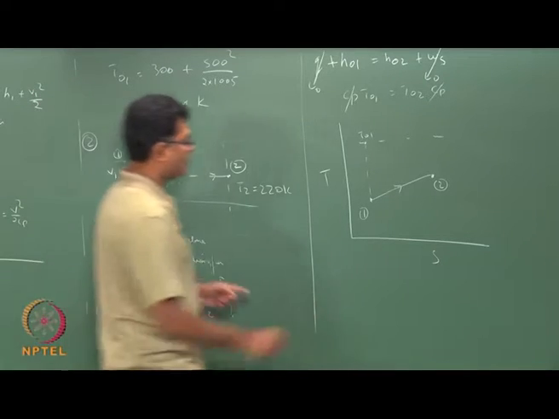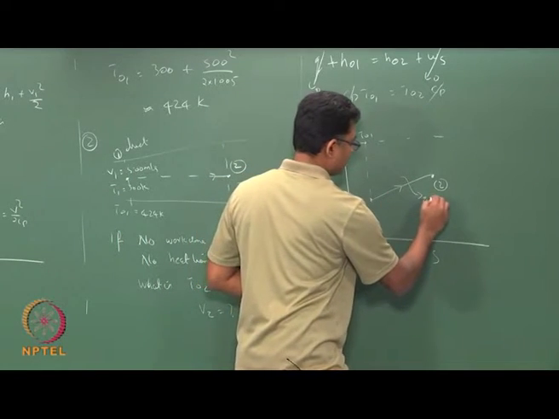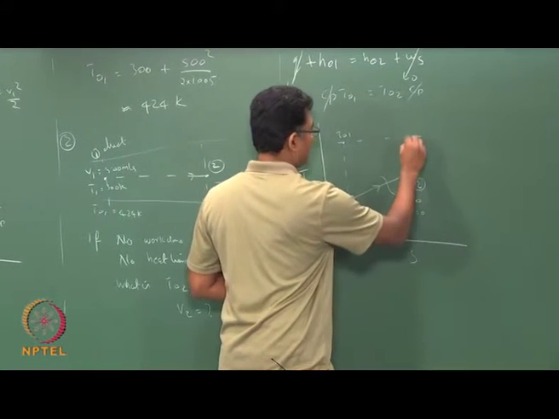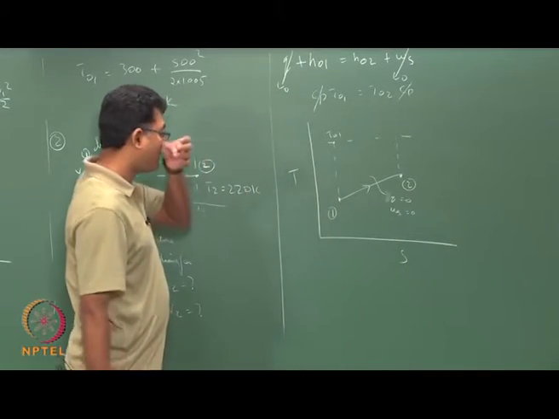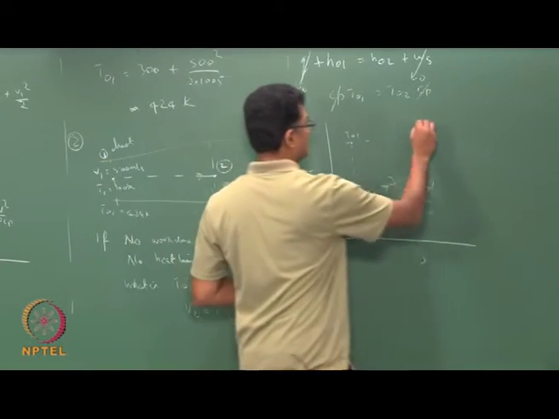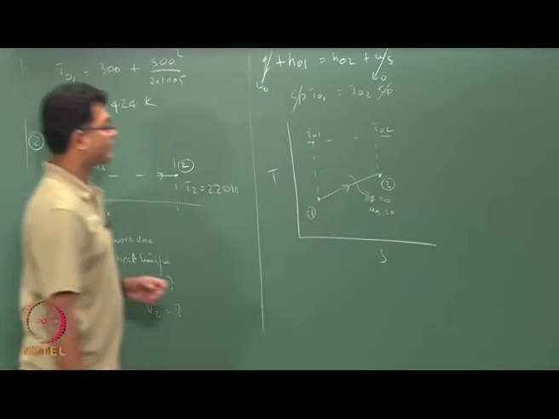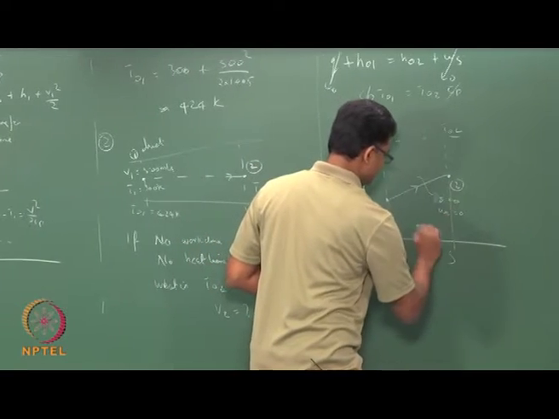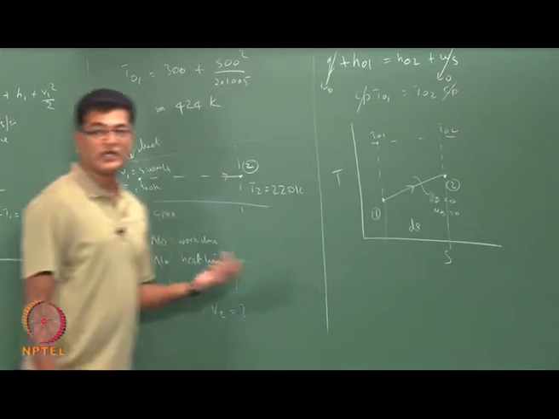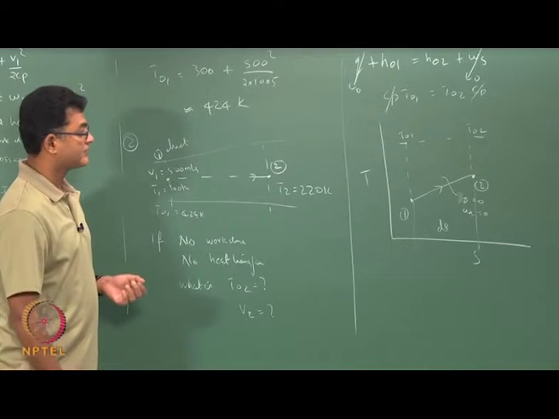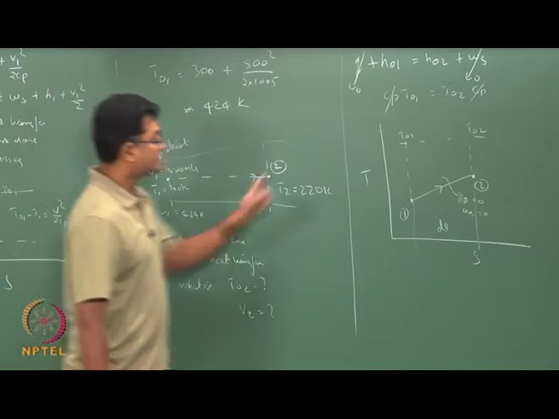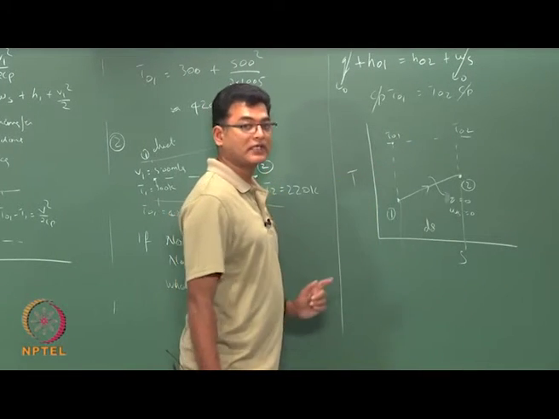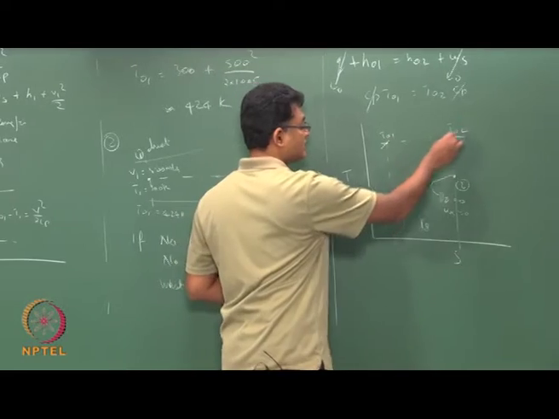Because there is no heat and no shaft work, the temperature is the same. Okay. So, the delta S is this, which is entirely due to your irreversibility. Okay. So, here state 1 and state 2 has the same stagnation temperature, but the pressure associated with this is different.